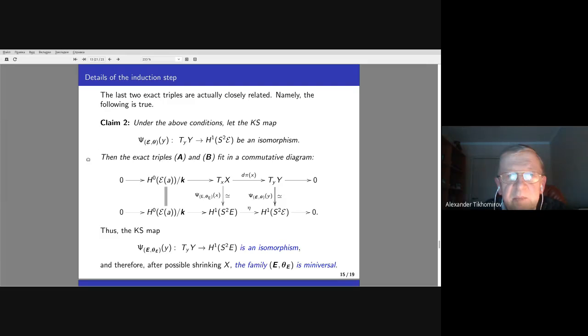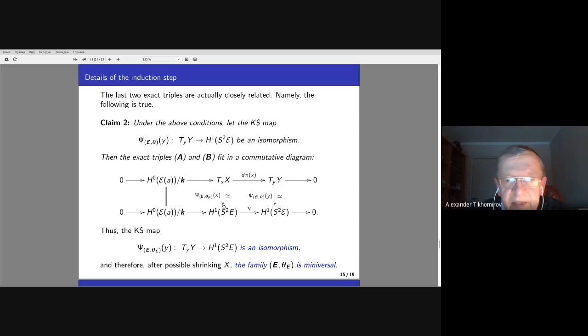Then the exact triples A and B just fit in the commutative diagram. So these are, so to say, the same sequences, where at the right hand we have this Kodaira-Spencer map for script E, the family, the original family, bold script E.